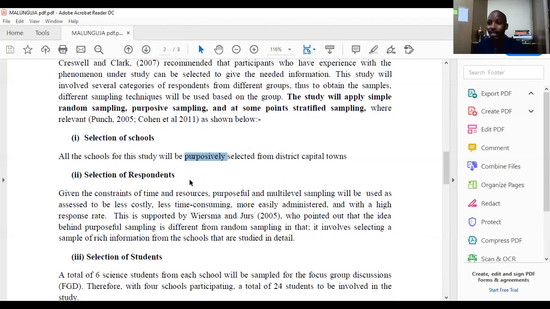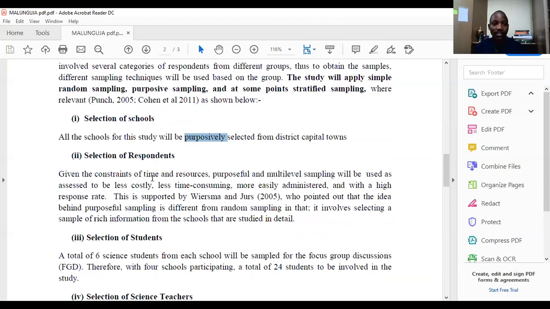Selection of the respondents. How am I going to find these respondents?